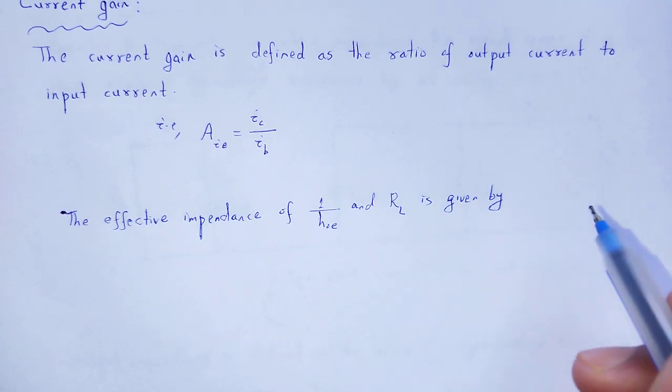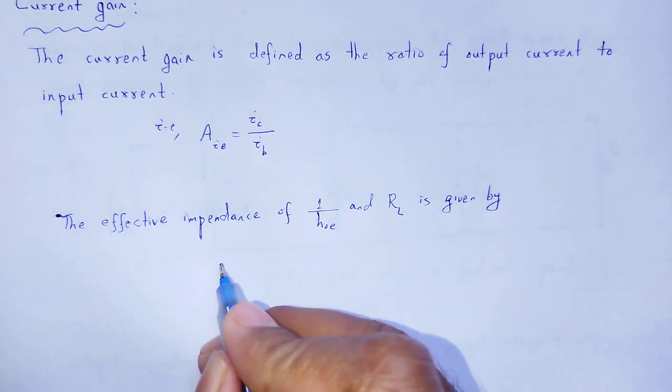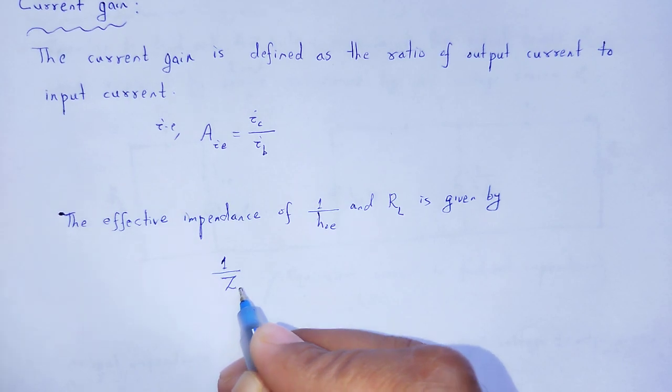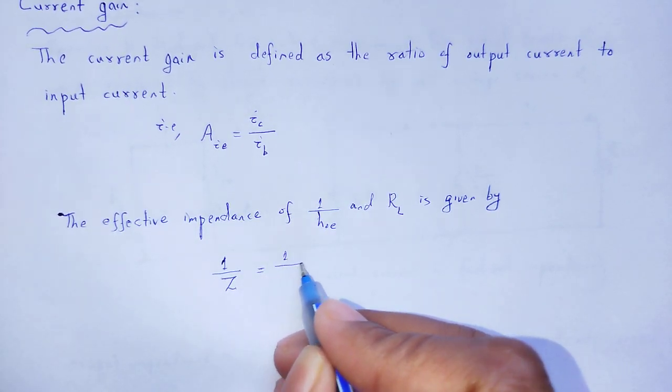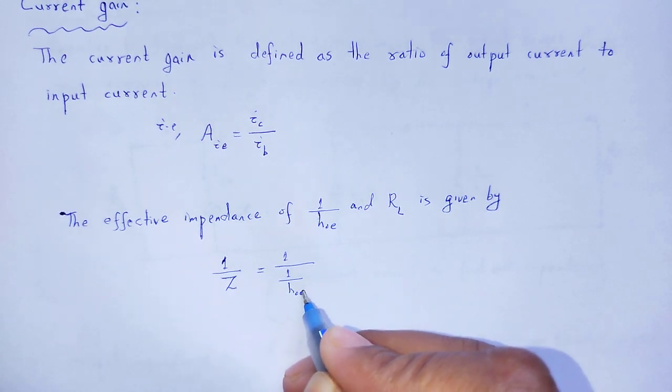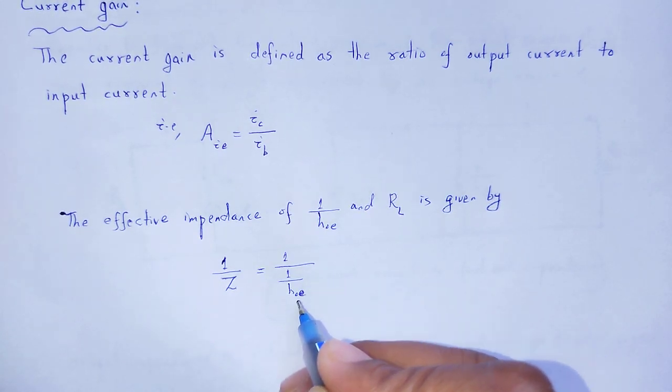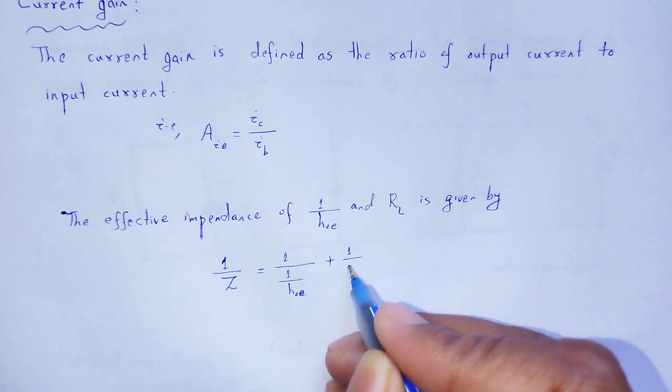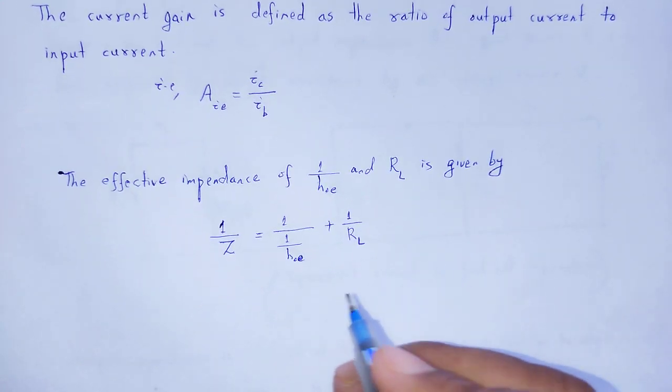These two are connected in parallel. The expression 1 by Z is equal to 1 divided by 1 by HOE plus 1 by RL.